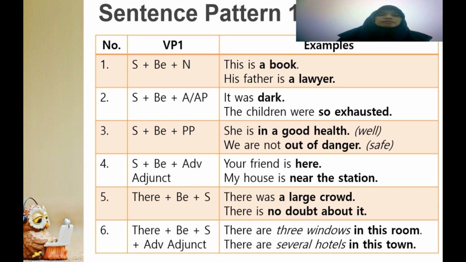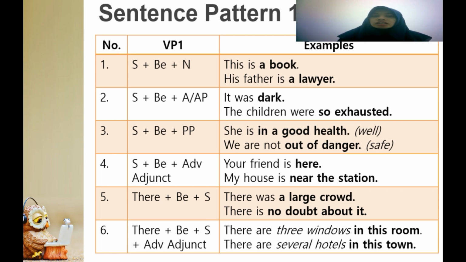And the fourth rule is subject and then be and then adverbial adjunct. Your friend is here, or my house is near the station. So here and near the station are the adverbial adjuncts. They show the adverbs of the sentences. And you may wonder about the difference between rule 3 and 4, because if you pay attention to the second sentence of example 4, my house is near the station, actually it's also in the form of a prepositional phrase.